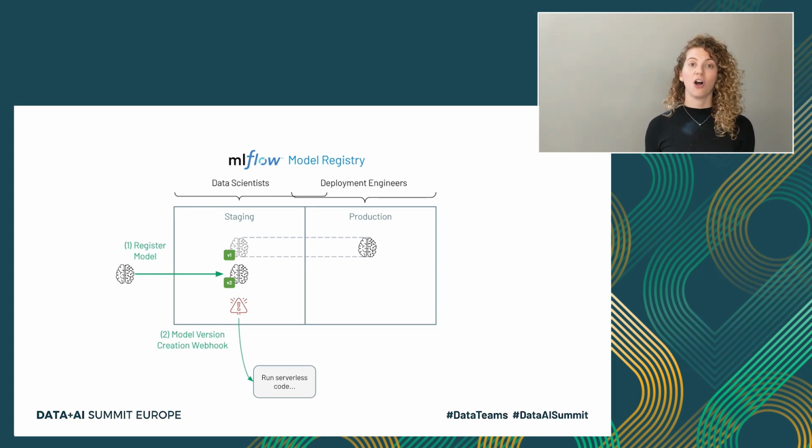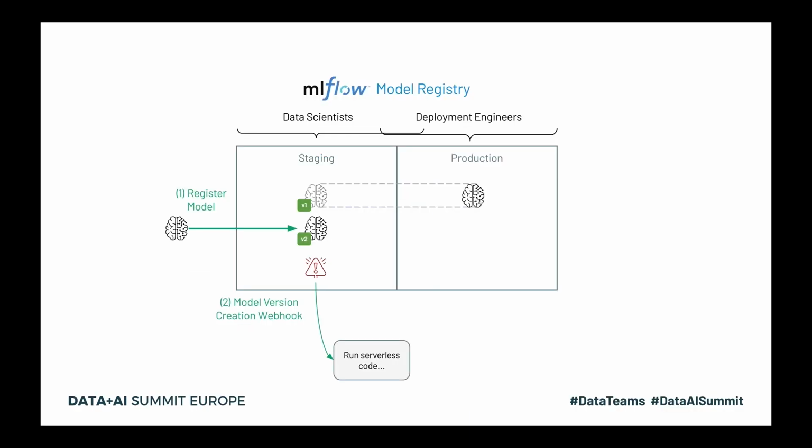This webhook is going to call an Azure function, and that Azure function is going to do many things. The first thing it's going to do is run a bunch of tests. It's going to check to see if the schemas are compatible, it's going to run some unit tests, etc. The Azure function is then going to write back the test results as tags on our model version.